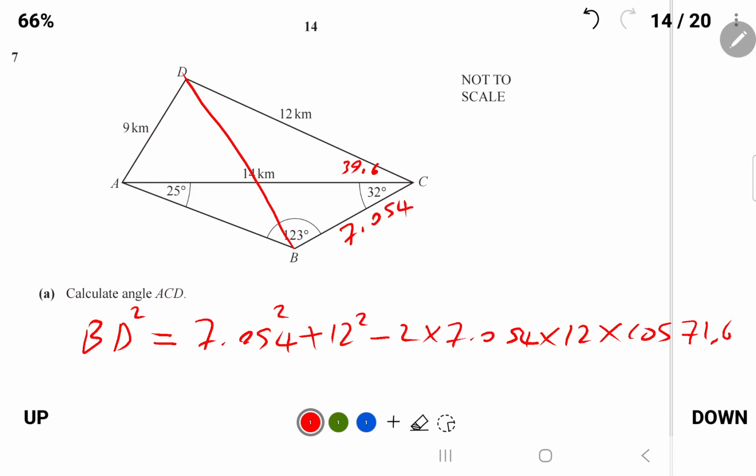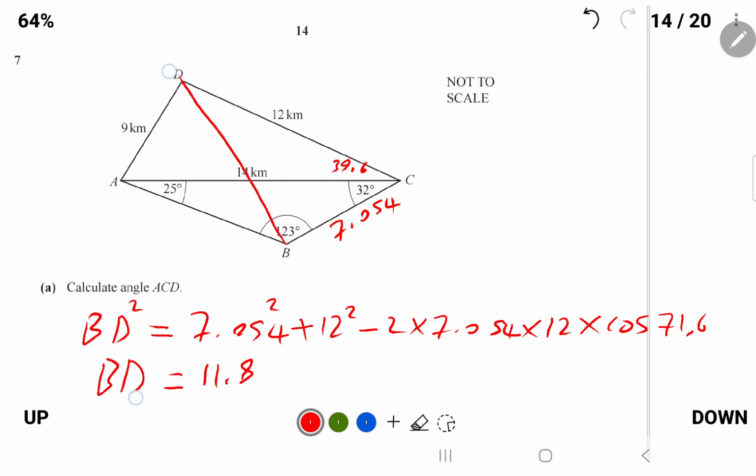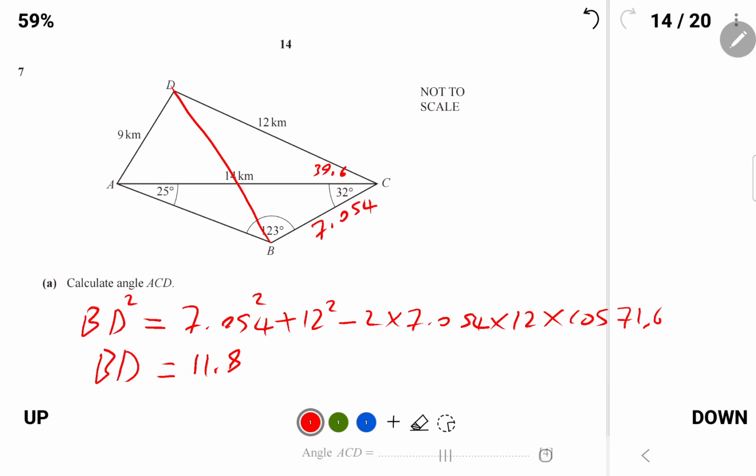And then you can use your calculator to calculate the length of BD. So now BD, after doing square root on the calculator, you get 11.8. Like this, we have finished this question.